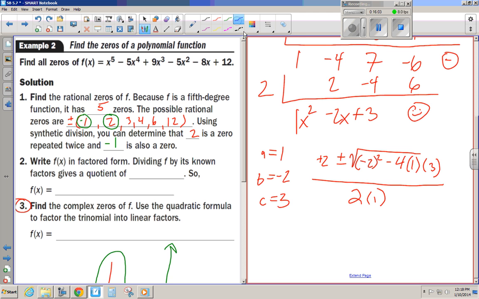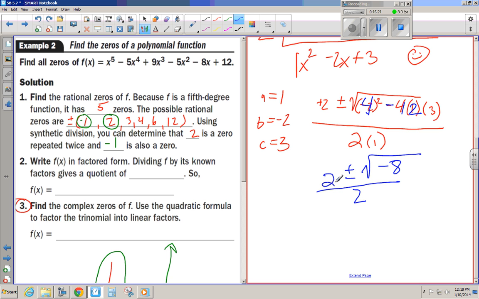Well, the first part here is a 2 plus or minus. 2 squared is 4. Negative 4 times 3 is minus 12. So we get the square root of negative 8 over 2. Now, if you can get to this point right here, I'm okay with it.